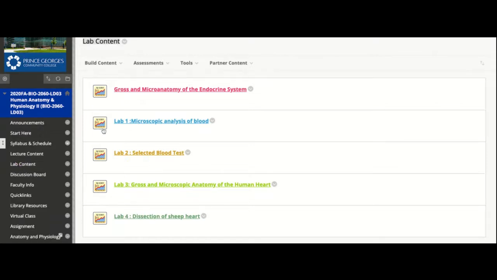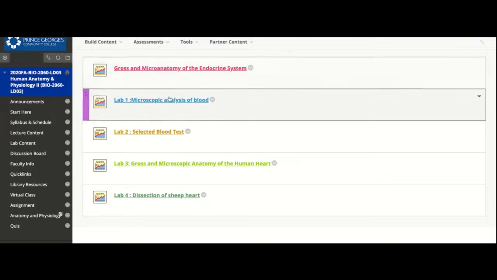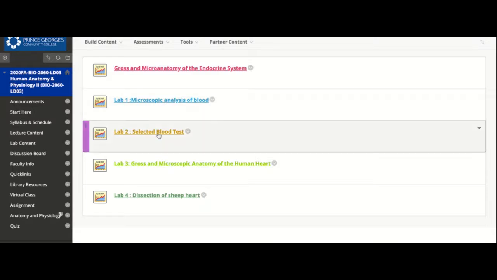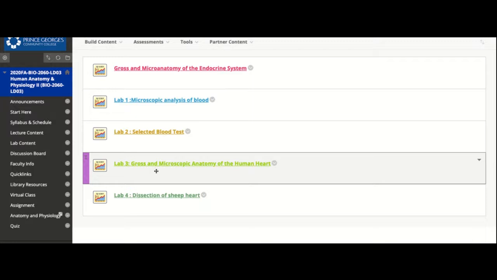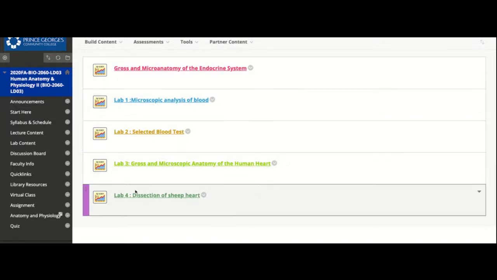And in the lab content, you have different lab modules. The gross and microanatomy of endocrine system, microscopic analysis of blood, selected blood test, gross and microscopic anatomy of human heart, and dissection of sheep heart. These are the parts for your lab practical 1.